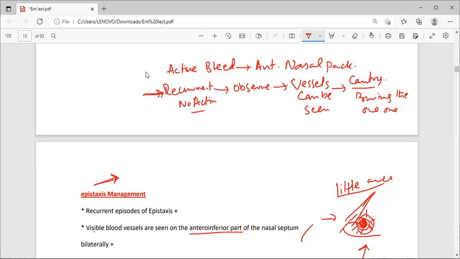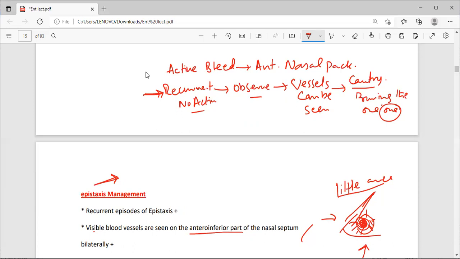There is no active bleeding, but this patient is suffering from recurrent episodes of bleeding. When you observe his nasal cavity, you can see some vessels, and these vessels are on the verge of bleeding again. So you do the nasal cautery on one side. Then you tell him to come the next day and you do the other side, not both on the same day.